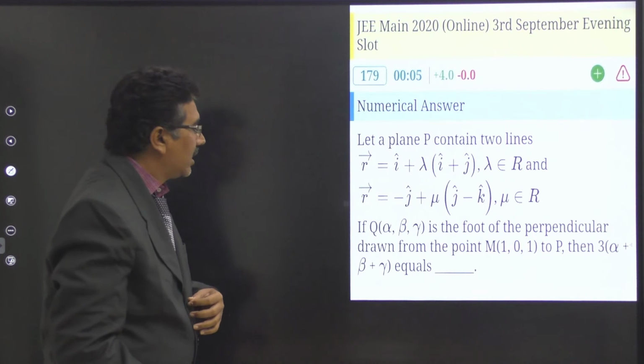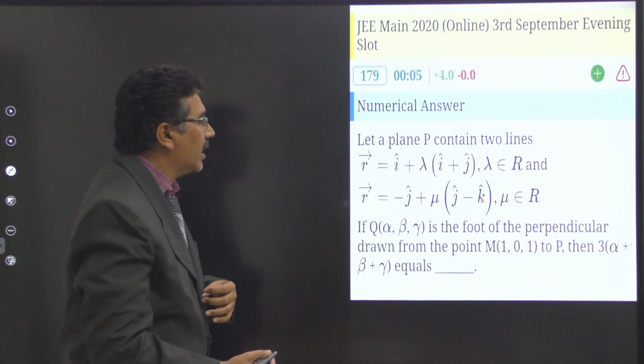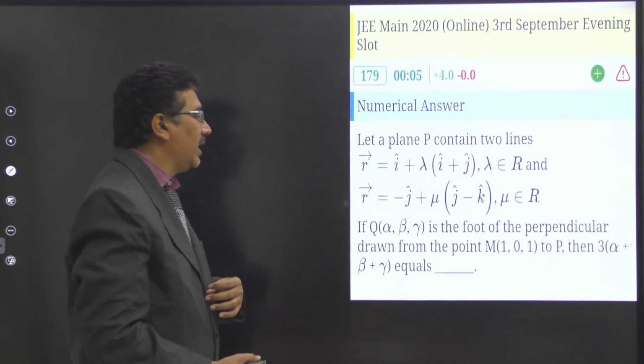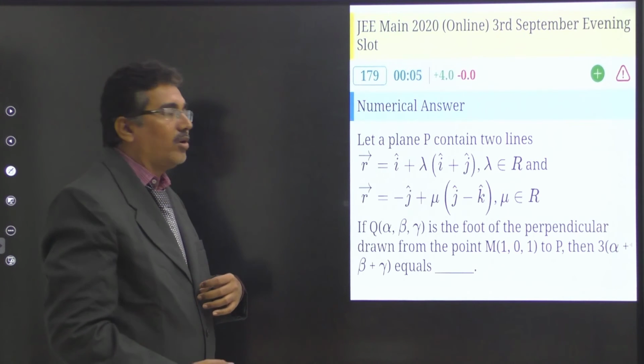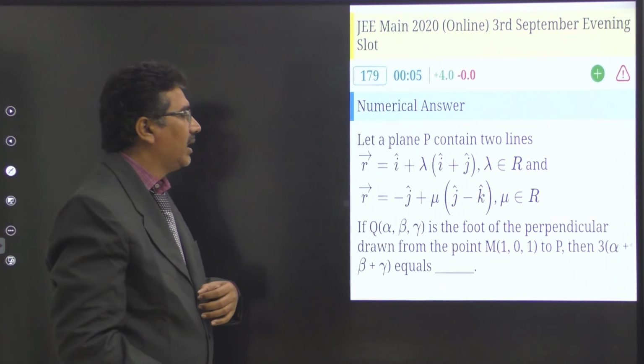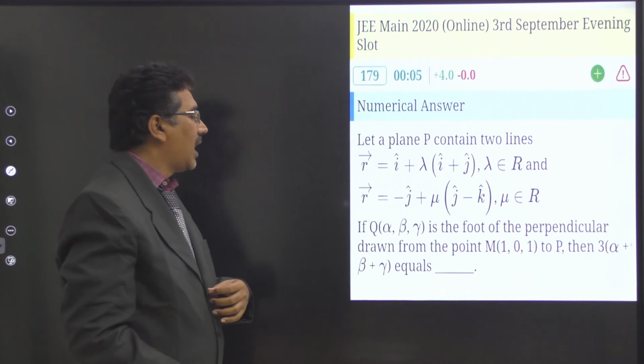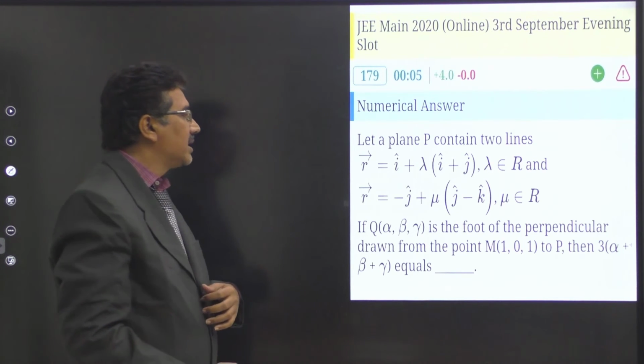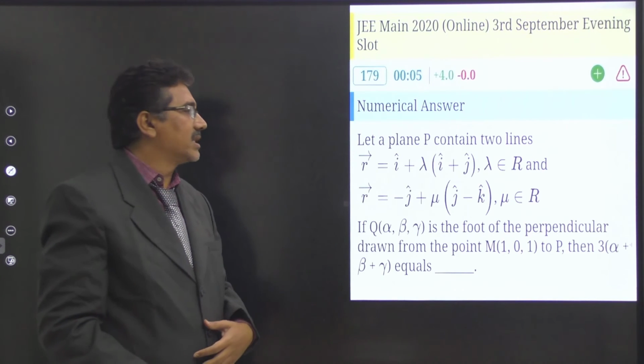If Q with coordinates alpha, beta, gamma is the foot of the perpendicular drawn from the point M (1, 0, 1) to P, then 3 times alpha plus beta plus gamma equals.